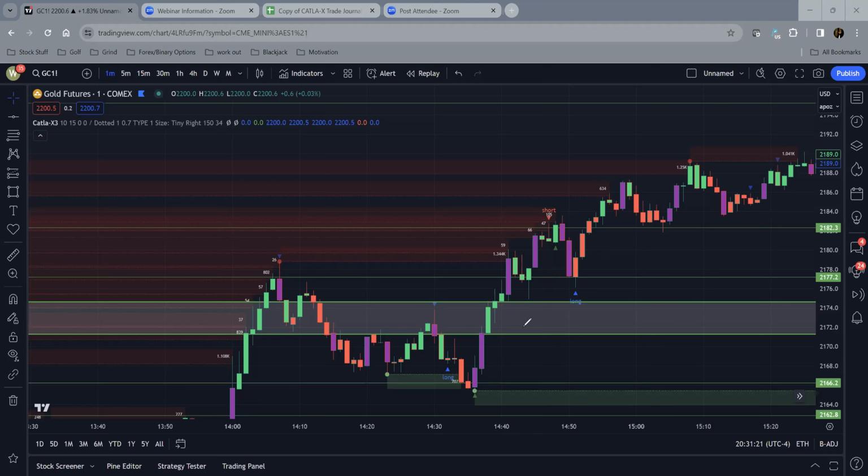All right. So question. If I have an imbalance here, if I have a doji here, and if I have an imbalance here, according to our methodology, according to our strategy, what is the earliest point in which we could have even considered a long trade? No, Jonathan, if it has a wick, it's not an imbalance.